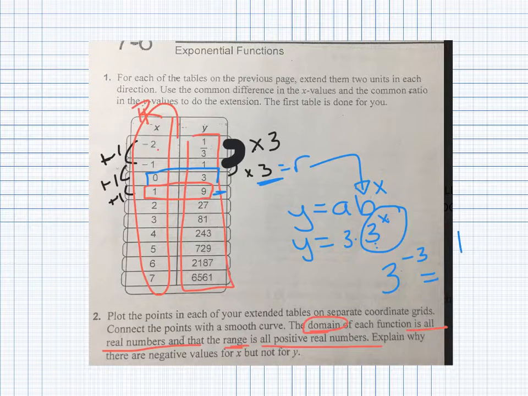And all that's going to do is make it 1 over 3 to the third using our rules of exponents, which is 1 over 27. So even though my inputs become negative, all that does, because my inputs are an exponent, is make the reciprocal of what was originally being raised to that exponent.